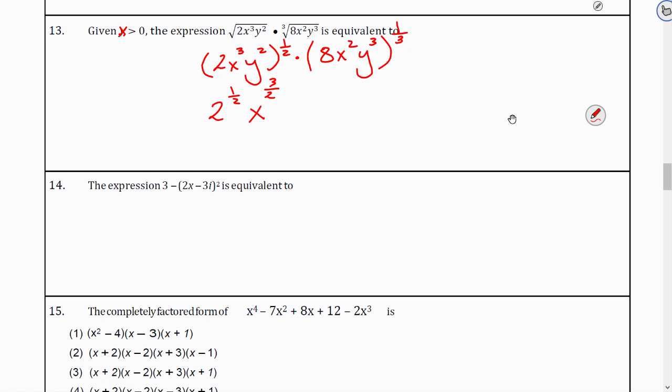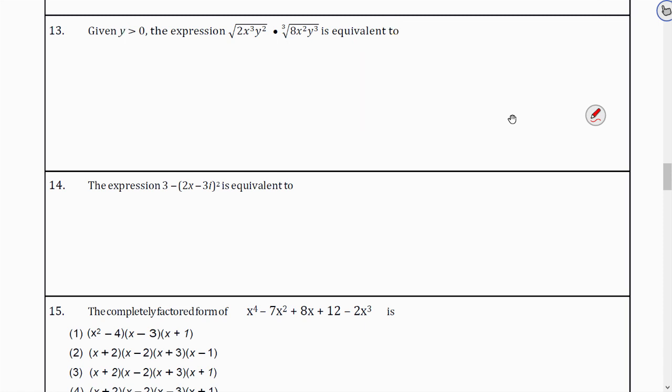And y, you know what, I'm going to edit this too. Okay, number 13, given, I believe it's x greater than 0, not y.